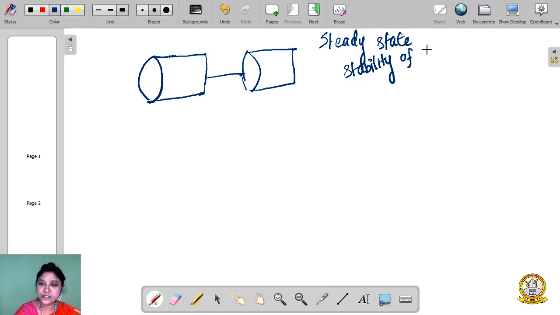Steady state stability of electric drive. For this I am going to consider a diagram, where the motor is coupled to the load.